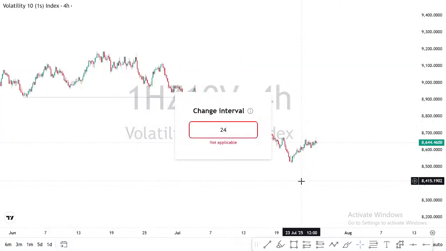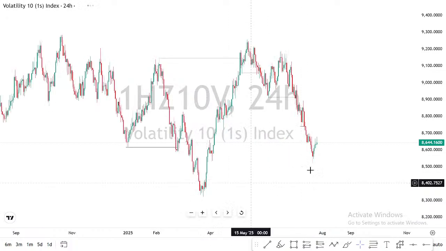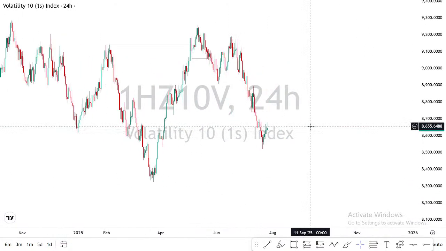Now before that, I actually noticed the fair value gap around there. So let me mark it out.